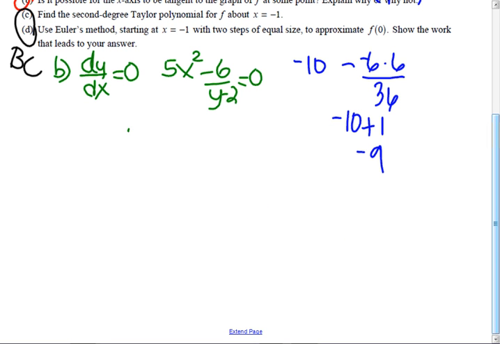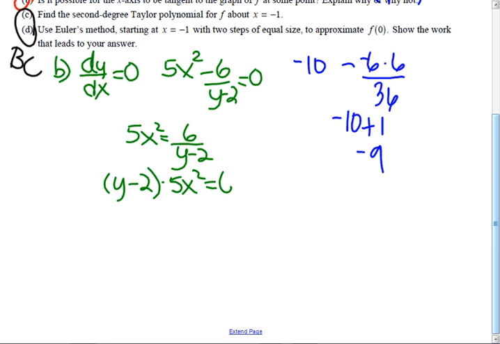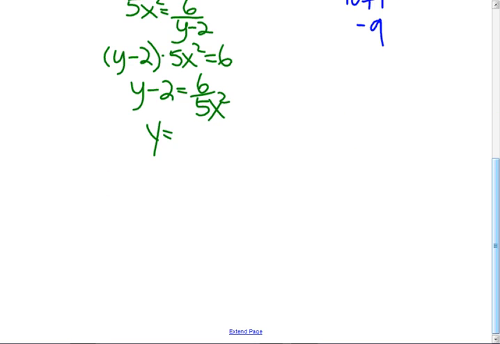So 5x squared is equal to 6 over (y minus 2). So (y minus 2) times 5x squared is equal to 6. So y is equal to 6 over 5x squared plus 2.